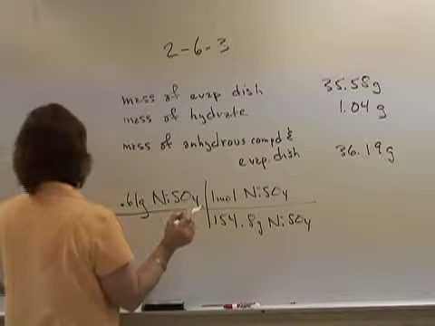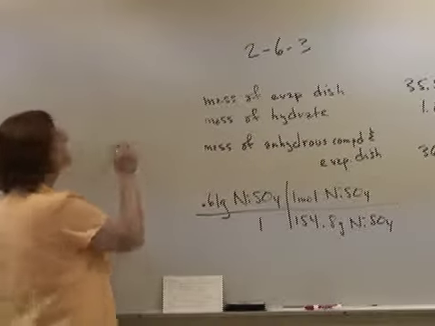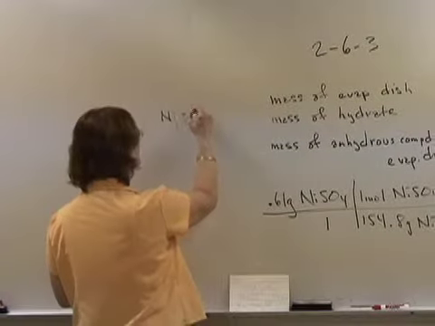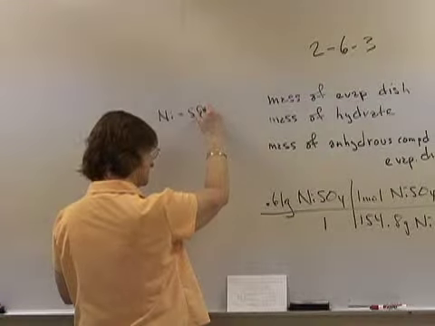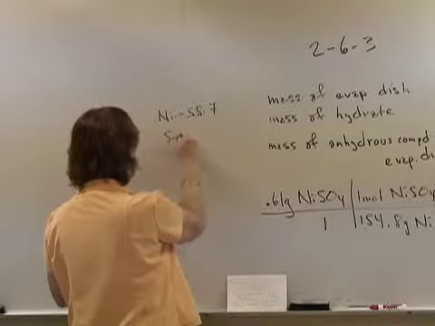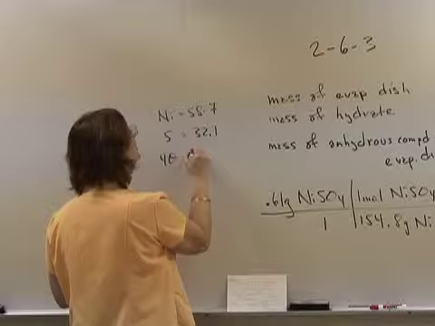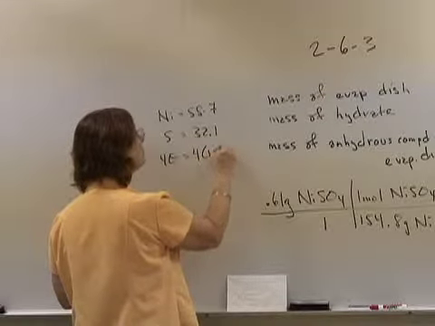And I could do that here. Nickel has a mass of 58.7. Sulfur is 32.1, and I have 4 oxygens, which is 4 times 16.0.